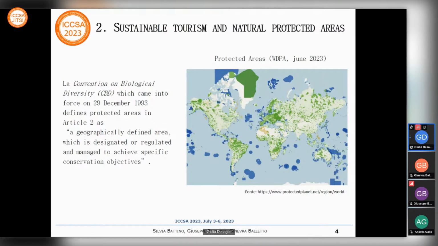So regarding the numbers of protected areas in the world, we look at data from the World Database of Protected Areas. For example, in Europe, there are approximately 176,000 protected areas on land and at sea.